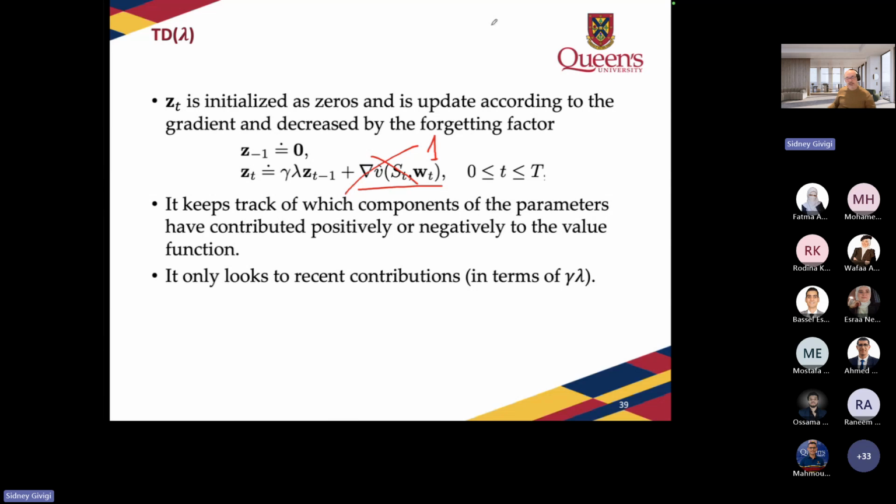Another thing is that, look, here it is even more explicit that we are going to look at more recent contributions way more. Observe that, if you recall, gamma is a number that is less than 1, and lambda is at most equal to 1.